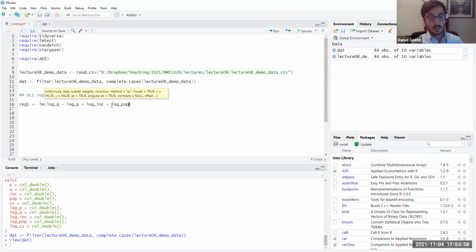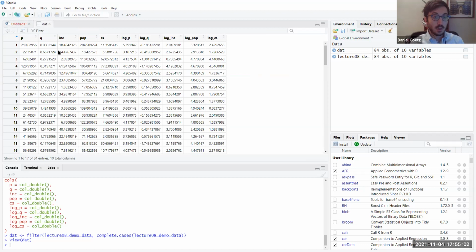So when we look at these variables, income, population, I kind of went through them pretty quickly. So income is some variable. Because this is prices and quantities, this has to be at the market level, right? So each of these rows represents a particular market.